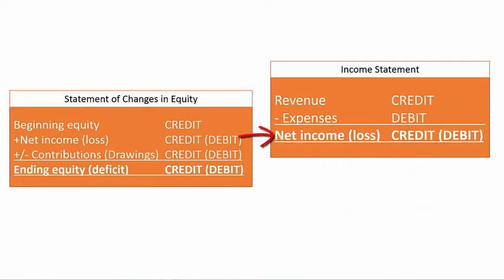If your business has made money, you should have more assets net of liabilities at the end of the period than you did at the beginning, which results in a net credit to your equity balance. On the other hand, if your expenses are higher than your revenues, then you will experience a net loss, which is a debit to your equity balance.